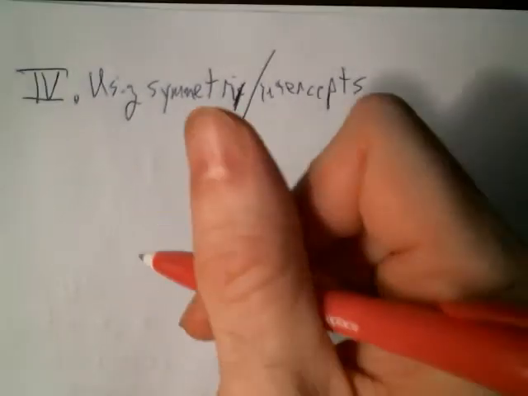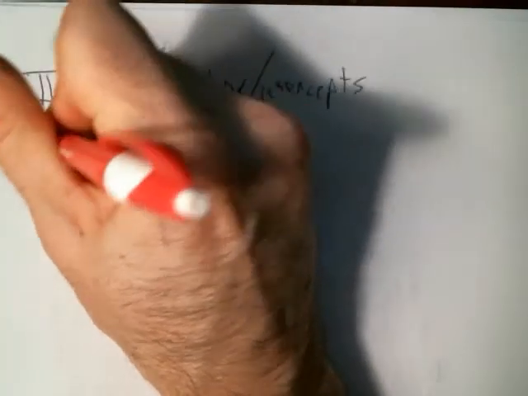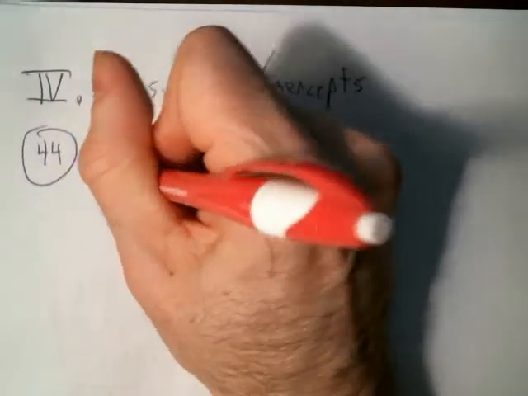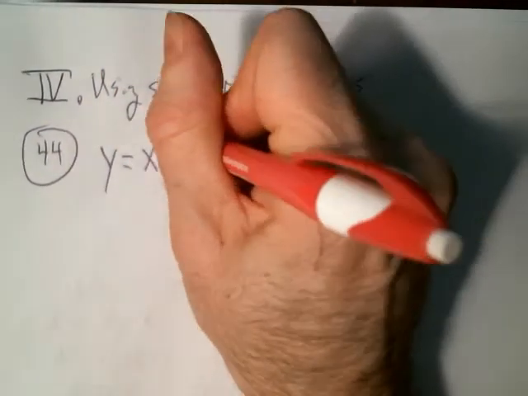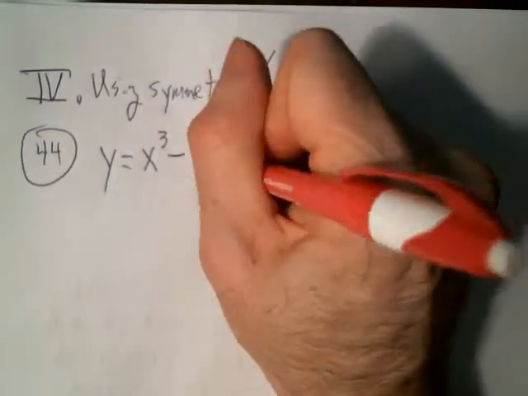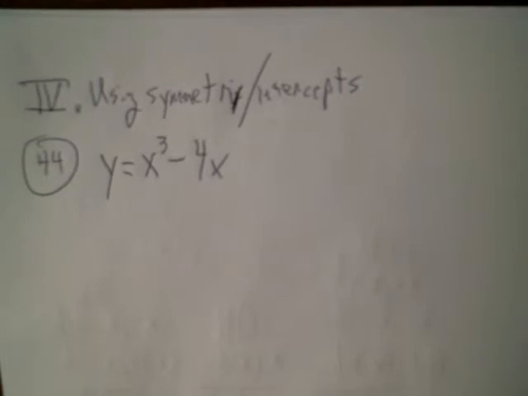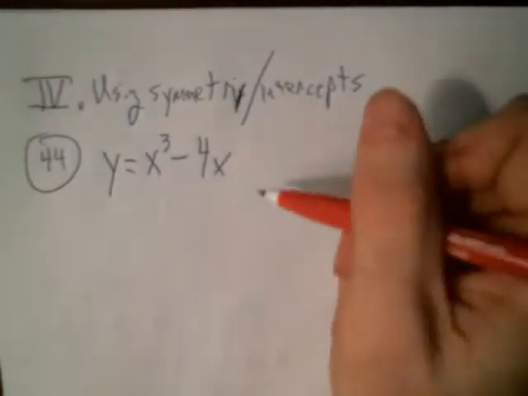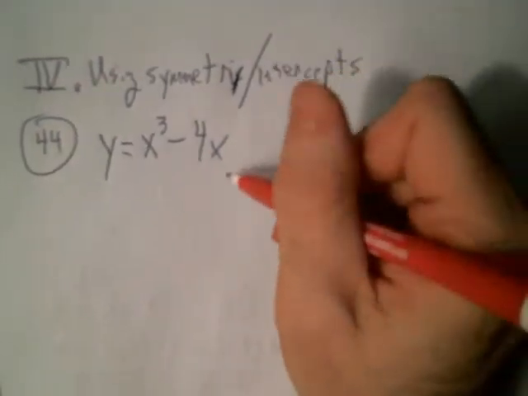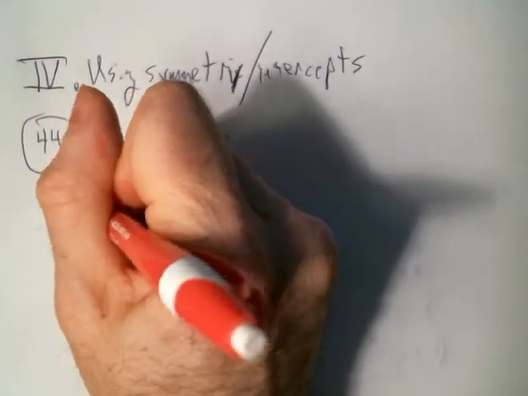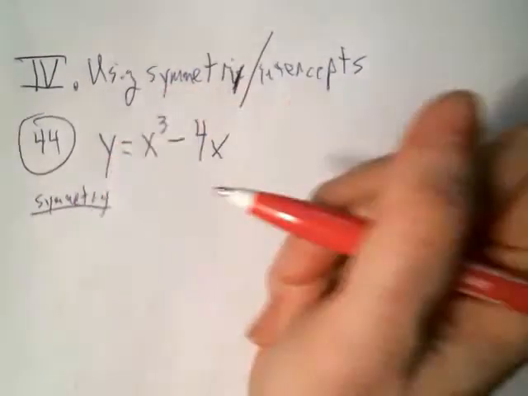Okay, so look at 44 this time. It's almost the same exact guy. It's another one of these cubic things: y equals x cubed minus 4x. I'm thinking it probably has the origin symmetry. Very quickly, let's get the symmetry out of the way. It's kind of time consuming.